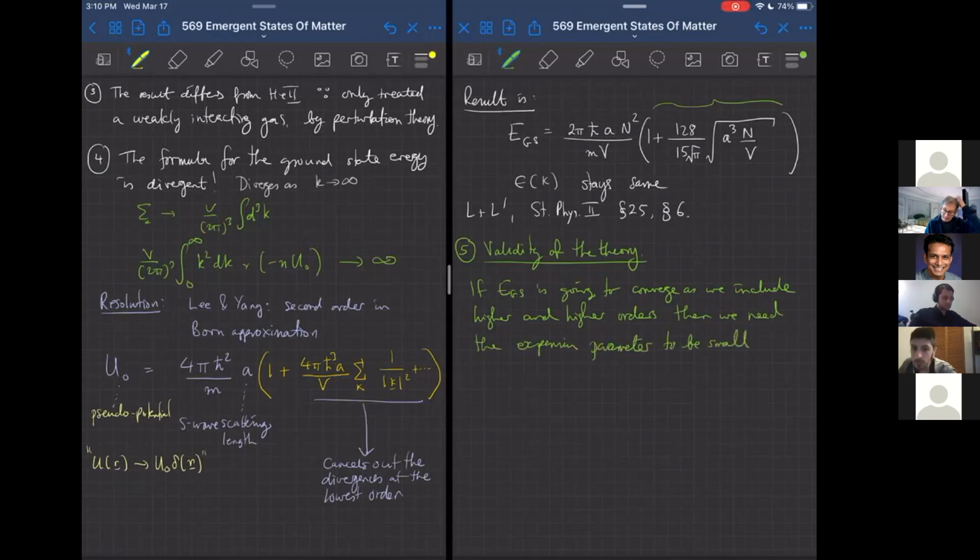And the expansion parameter is a cubed n over V. So that means we need a cubed n over V to be very much smaller than 1. If that's the case, then that's fine.